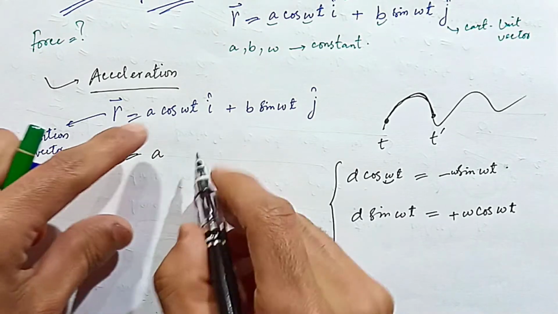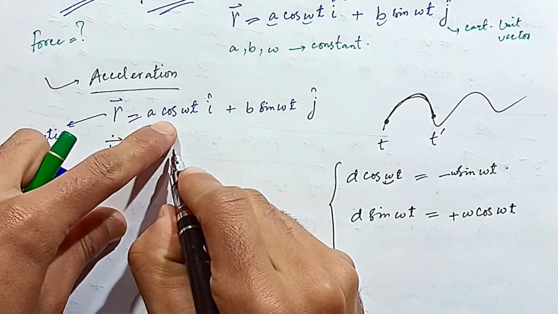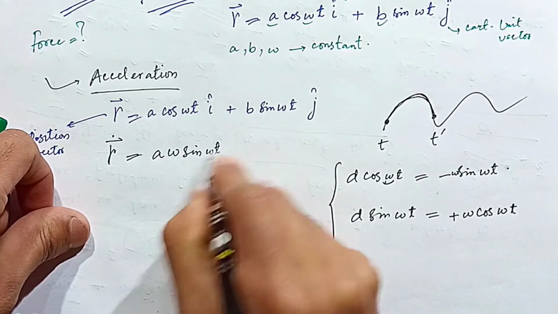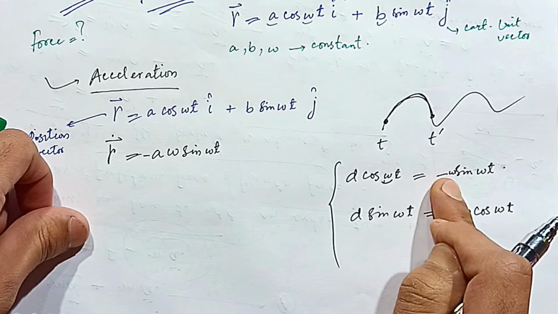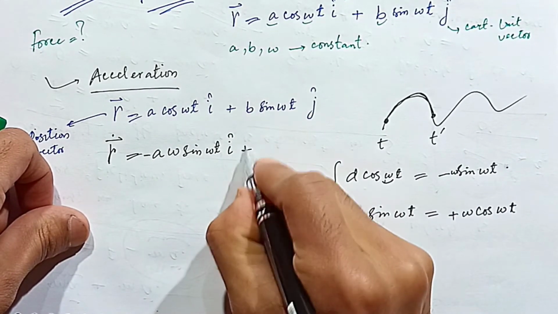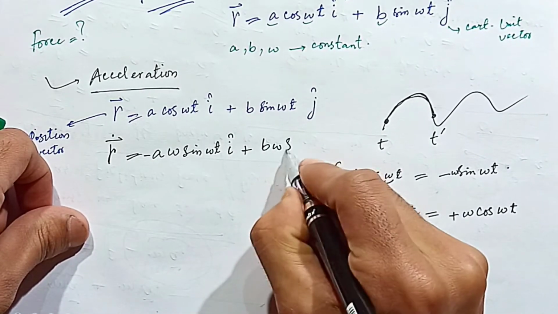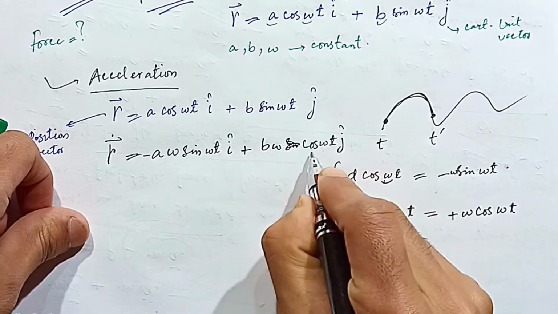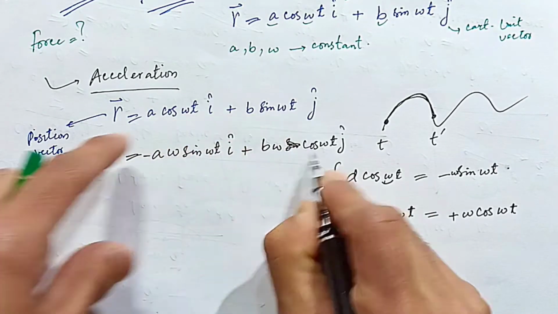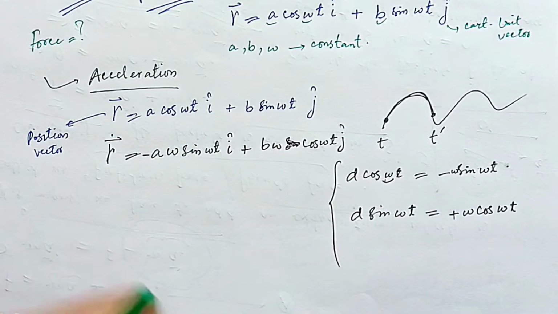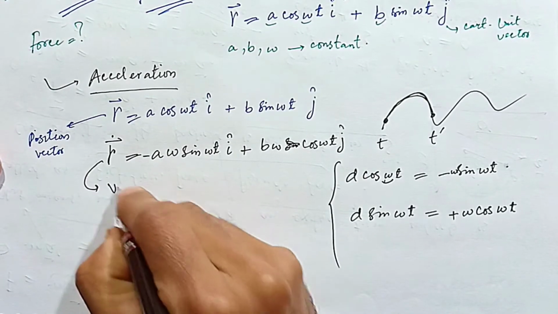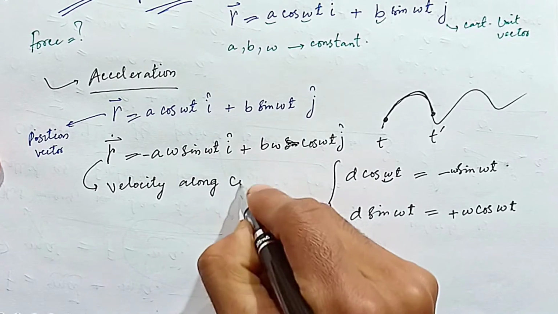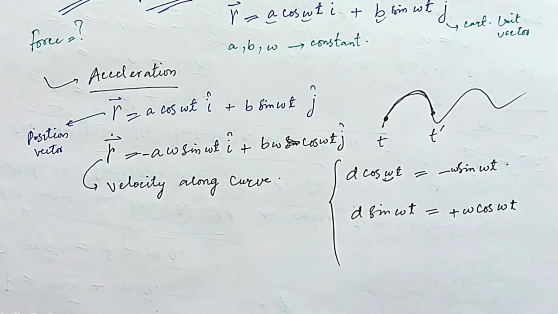So we will write it down as minus a omega sine omega t along the i-axis, plus b omega cosine of omega t j, because differentiation of sine is plus cos. Now this will give the velocity along the curve, but we need the acceleration.